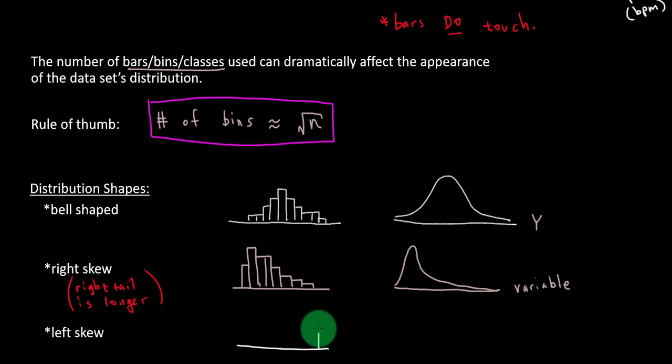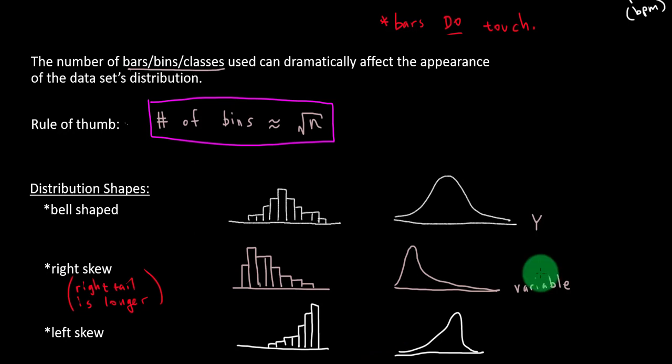So there's going to be a peak towards the right and a tail that is descending towards the left. Left skewed. And if I was to draw that, that's good enough. A peak towards the right with a long left tail.